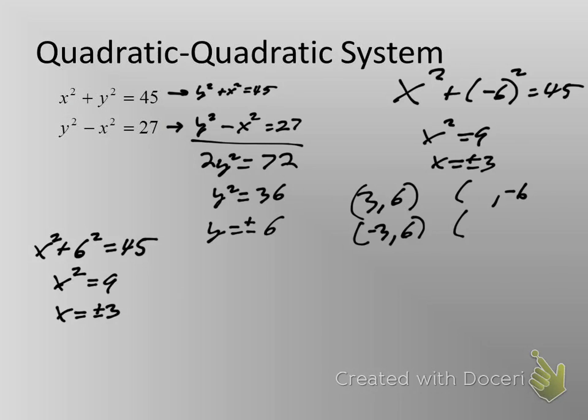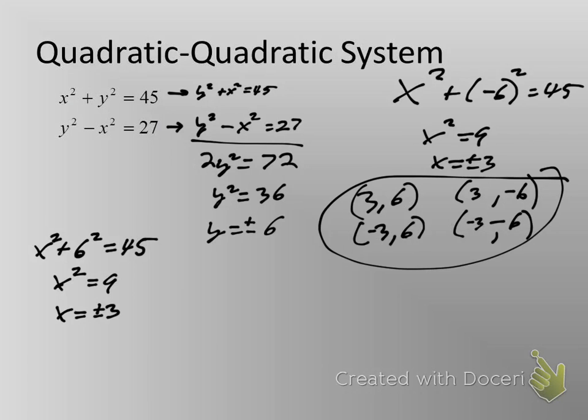When you plugged in negative 6 as your y, you also had 2 different solutions, which were 3 and negative 3. Just like all the different combinations.